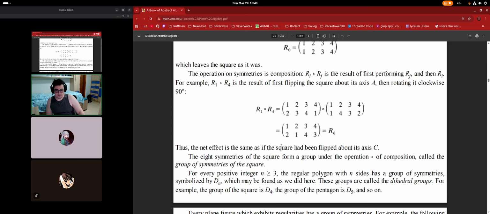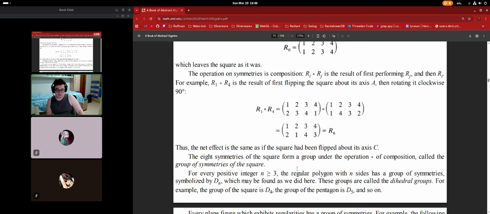The net effect is the same as if the square has been flipped about its axis C. So again, as Marinho said, you can derive some operations based on other rotations. Or not operations, you can derive other configurations of the square.